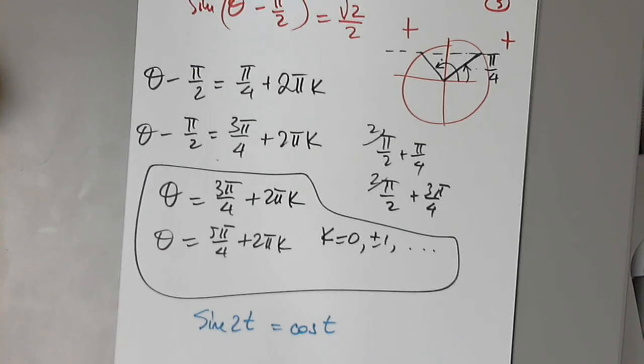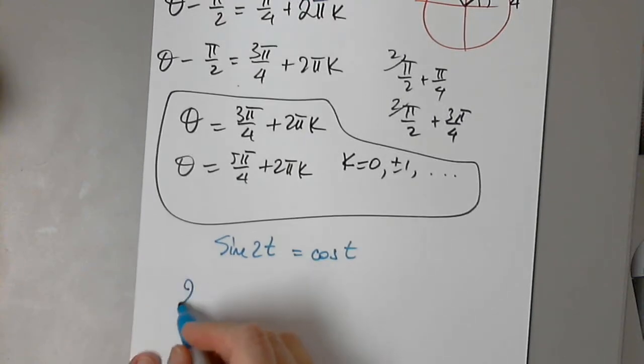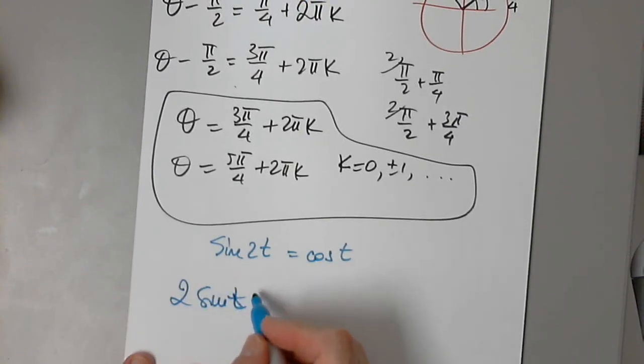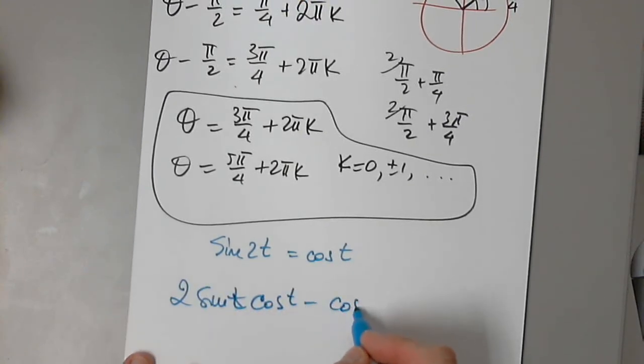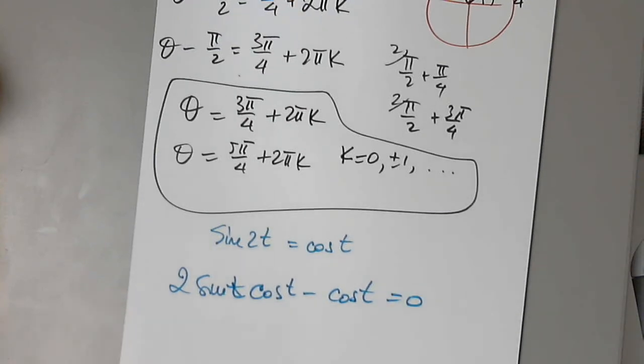So what is the formula or the identity for sine twice t? Excellent. 2 sine x cosine x. So this piece is 2 sine t cosine t minus cosine t equals 0. And now from here on, it goes back to what we already covered.